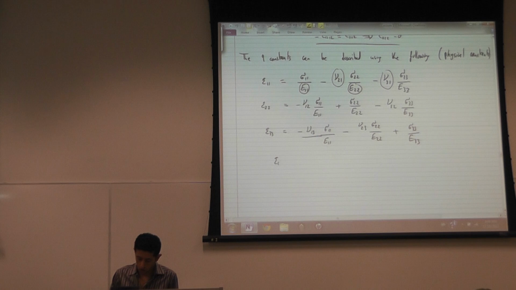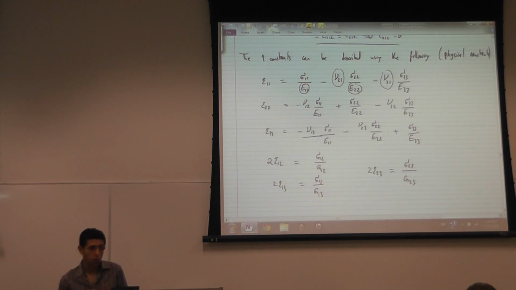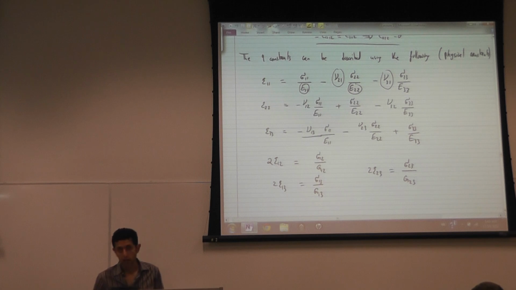And epsilon 1,2 is equal to sigma 1,2 over G12, the shear modulus 1,2. So 2 epsilon 1,3 is equal to sigma 1,3 over G13. And 2 epsilon 2,3 is equal to sigma 2,3 over G23. And there's no reason why the shear modulus for this material needs to be connected to the Young's modulus or the different Poisson's ratio.